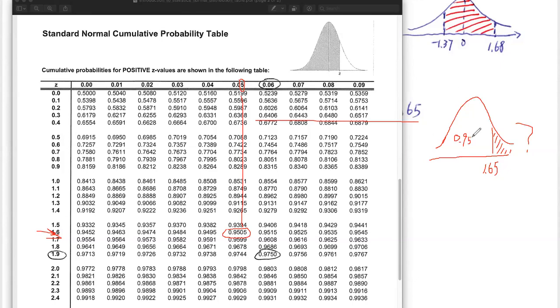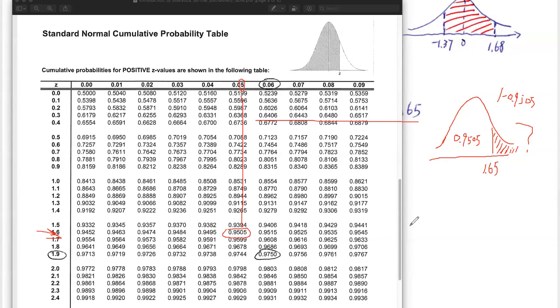0.9505. Now I'm asking, how do we find the probability to the right, this area? As someone just mentioned, we can just use 1 minus 0.9505 to get the corresponding probability. Is that okay? So it should be equal to 0.0495, something like that.